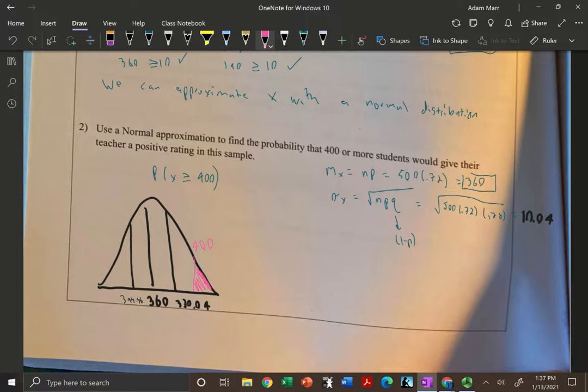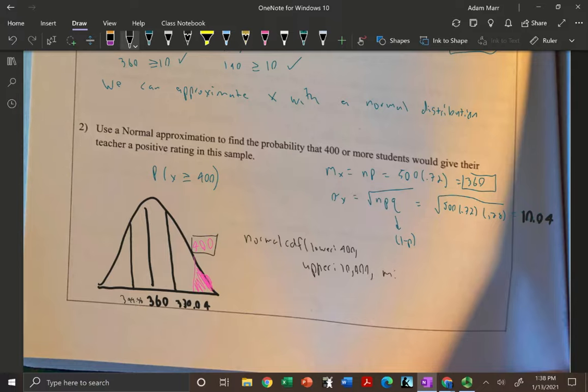We're going to shade that. So we can use the normal curve, right? We're going to say normal CDF. My lower is 400. My upper is going to be 10,000.